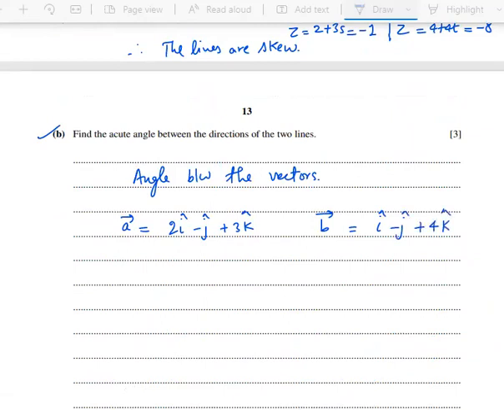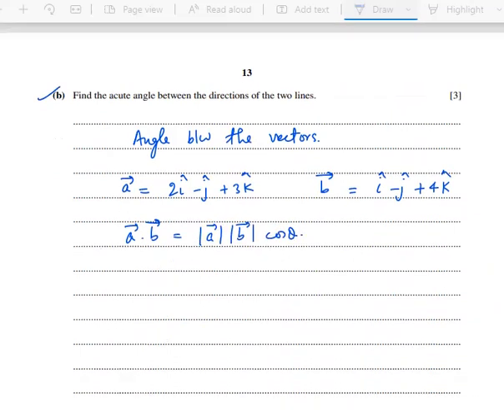Right, students? So here we know that the angle between two vectors is defined by a dot b is equals to magnitude of vector a into magnitude of vector b into cos theta. So a dot b, we have 2i cap minus j cap plus 3k cap.